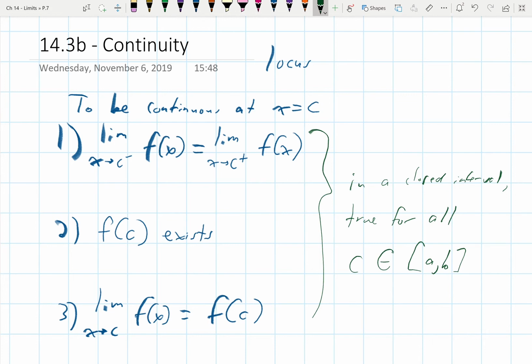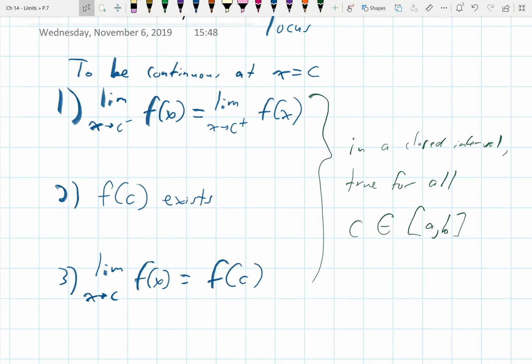There is one minor exception to this that I want to verbally talk about that should make sense to you. It has to do with condition 1. In a closed interval, I would say that the graph and the function is continuous everywhere on that closed interval, including the endpoints, even though on the left endpoint there is no limit as you approach from the left, and on the right endpoint there's no limit as you approach from the right.